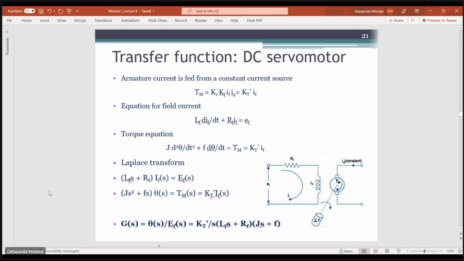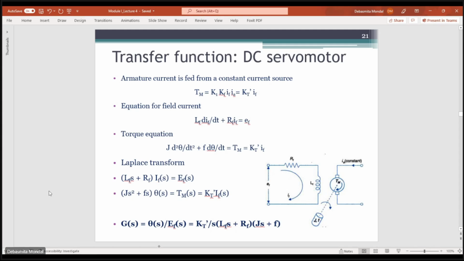Then again you write the loop equation in this loop. You have Lf dIf/dt plus Rf into the current If, equal to the field control voltage that we are providing, which is Ef. And then similarly you can write the torque equation.